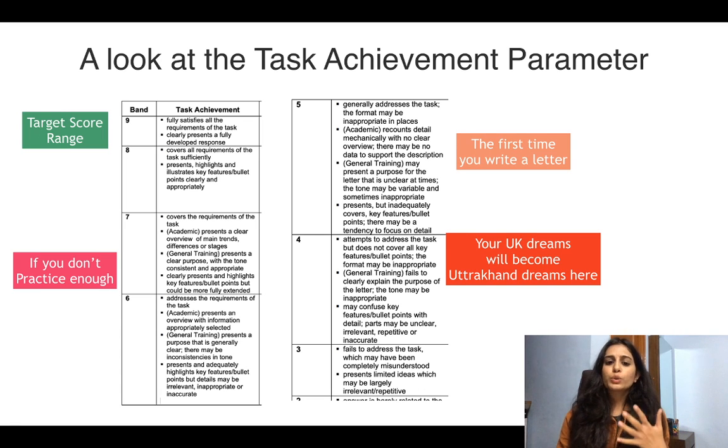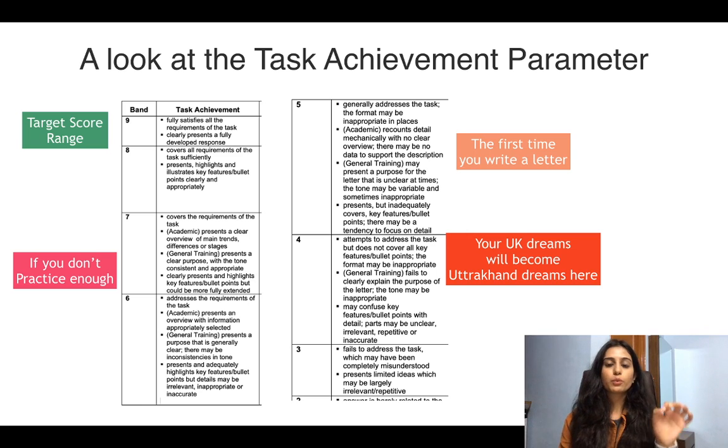Now, I don't want you guys to look below the 7 band score, but just for reference, let's quickly have a look at what happens if you score 4 band scores. What are you going wrong in? What's the major issue if you score a 4 band score? So attempts to address the task but does not cover all key features.